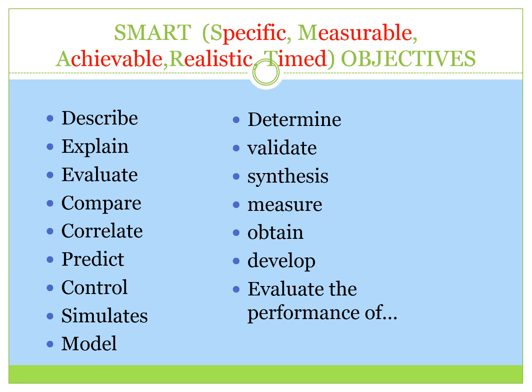So the verbs that are suggested here, like to describe a model, to explain the law of, to evaluate, to compare method A with method B, to correlate the weather with the spread of the disease, to predict, to control, to simulate, to model, to determine, to validate, to synthesize, to measure, to obtain, or to develop, to evaluate the performance of something.